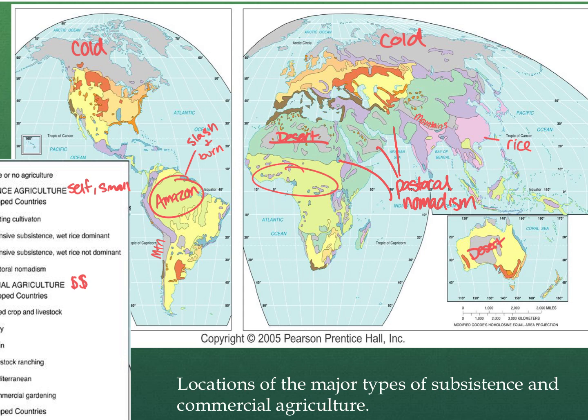Why would you have to move it? To find things for it to eat, because if you stay in one place, you're going to overgraze, right? They won't have enough food to eat, so you're constantly moving. And a lot of this is happening in these dry, arid places, right? In the desert and in Middle East and in Central Asia.